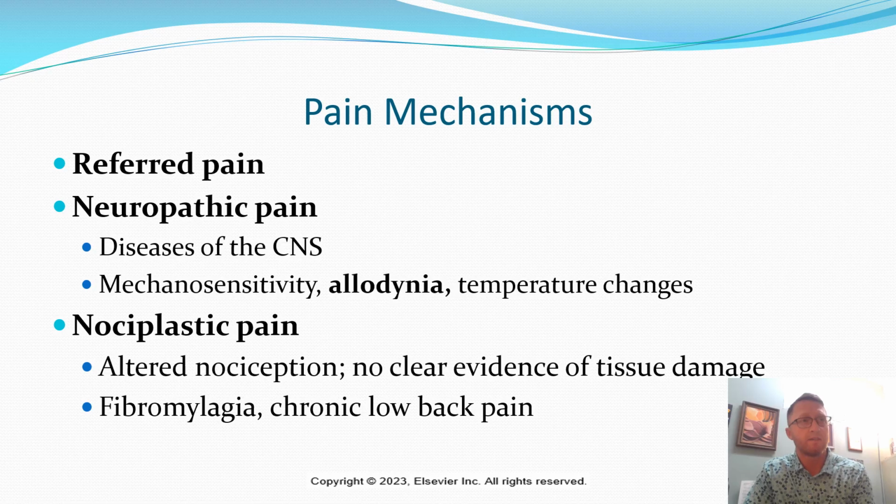When we have this neuropathic pain, we're thinking there's maybe a disease of the central nervous system, some type of mechanosensitivity, allodynia, or different temperature changes that they may be experiencing. And I do want to highlight this term here, allodynia, because we talked about hyperalgesia just a little bit ago, and students usually get these ones confused. So we talked about hyperalgesia.